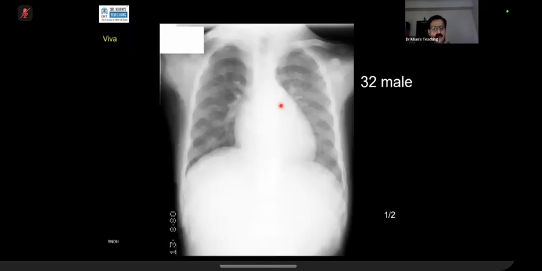Okay, candidate 4, over to you. Let me give you the scenario. This is the type of film which usually comes as an icebreaker in the exam. Maybe the first case, we call it a warm-up case. Just look at the bones. Anything abnormal in the bones?